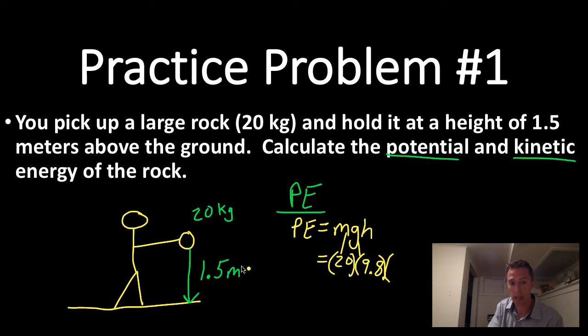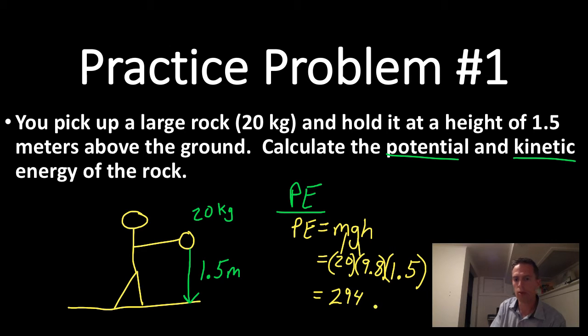And the height that this rock is being held at is 1.5 meters. And so if you calculate that out, let me grab my calculator. So 20 times 9.8 times 1.5. And I'm finding that the potential energy of that rock is 294.